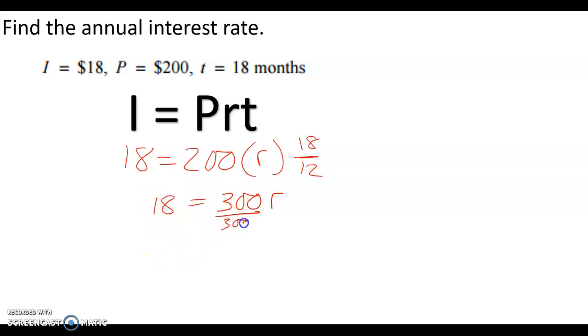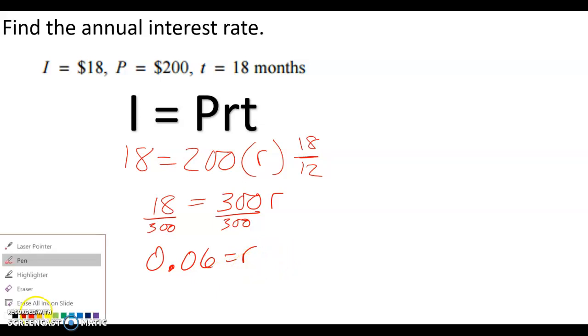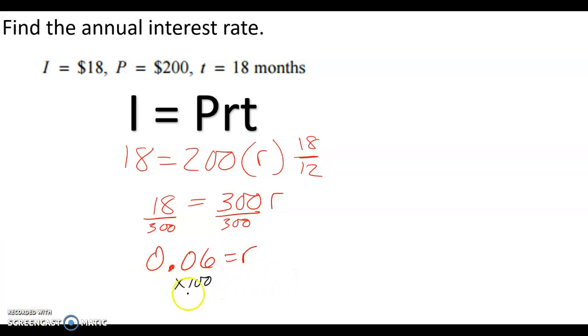Then you're going to divide by 300, and you get a decimal, 0.06. So we then have to change that to a percent. To change that to a percent, we times it by 100. So we end up with 6%.